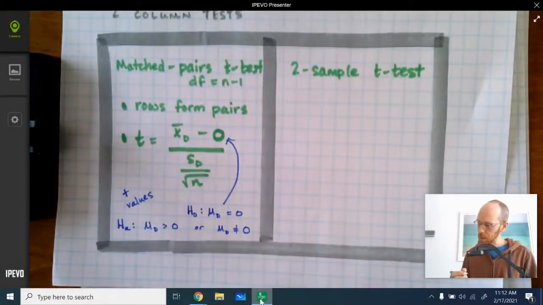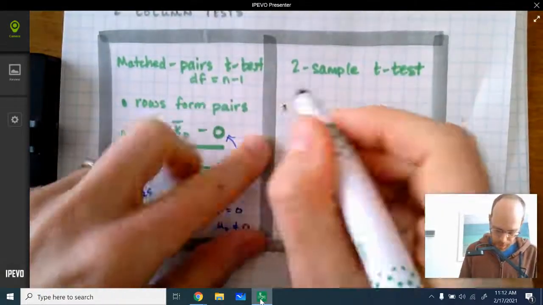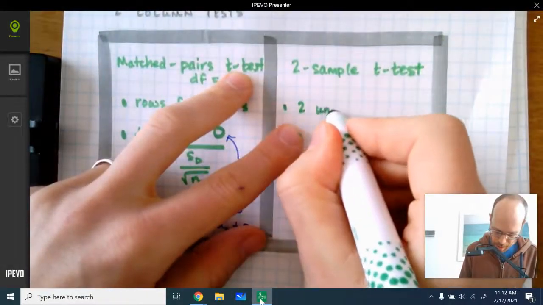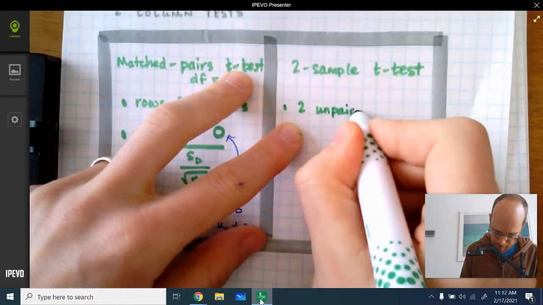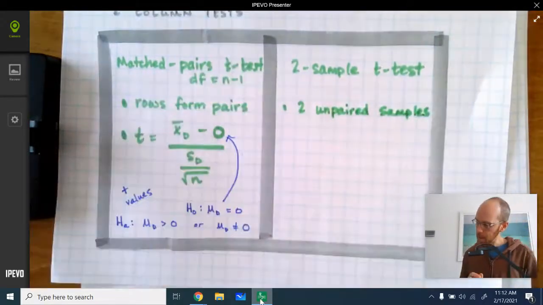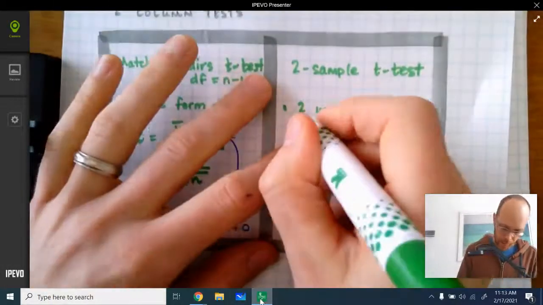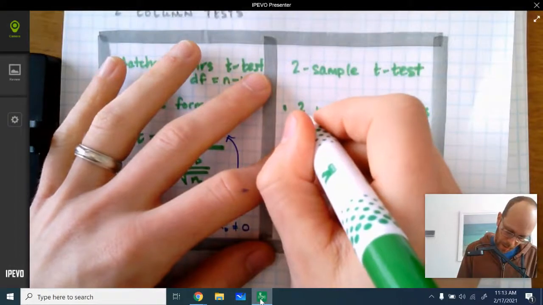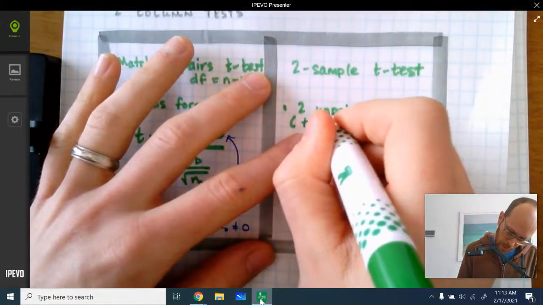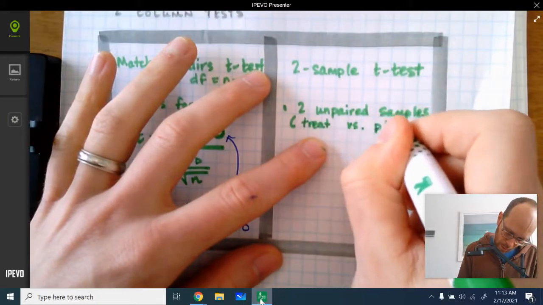Finally, that brings us to the two sample t-test. For the two sample t-test, you will know this because you will have two unpaired samples. This comes up most often for us in the medical establishment when we are comparing a treatment versus a placebo group, right?